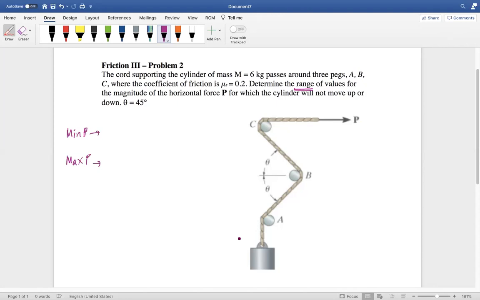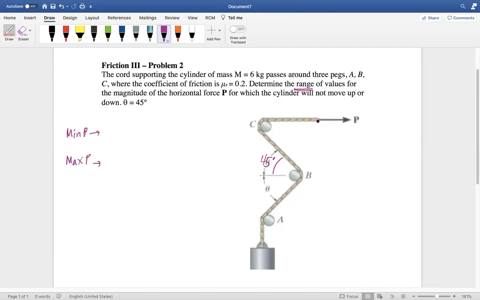So, okay, so here we go. The range of values to make sure the cylinder will not move up or down, right? Given that this is 45 degrees, right? So here we go. For my minimum value of P, this P is barely enough to hold that box up.